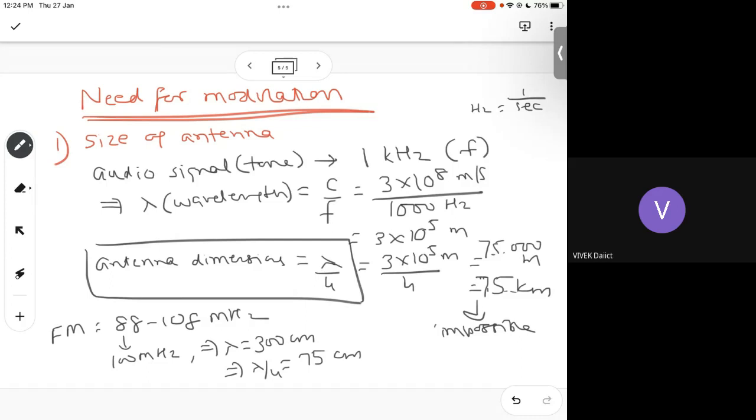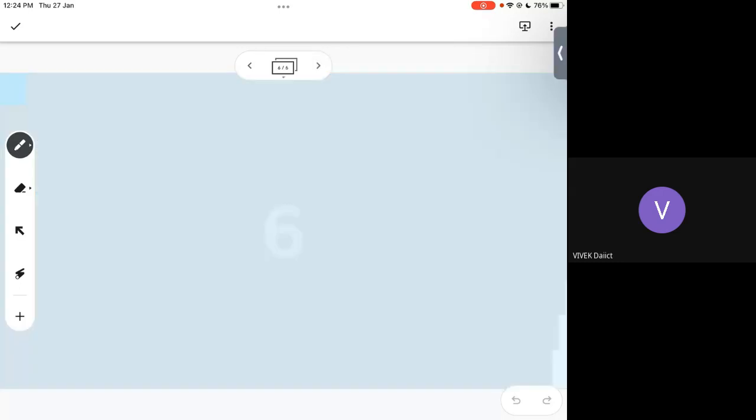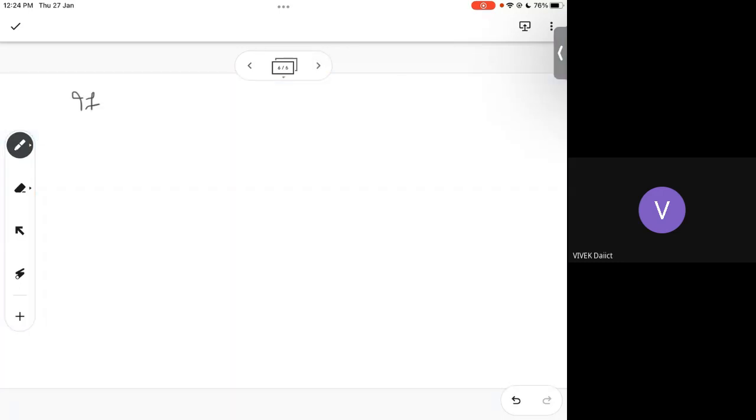Now if for the same antenna I use a carrier of 1 megahertz, which means 10 to the power 6 hertz, your lambda by 4 turns out to be 75 meter, but it's still too big an antenna.